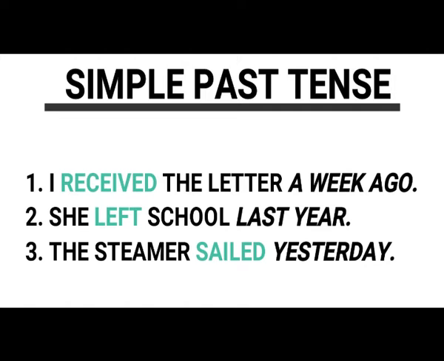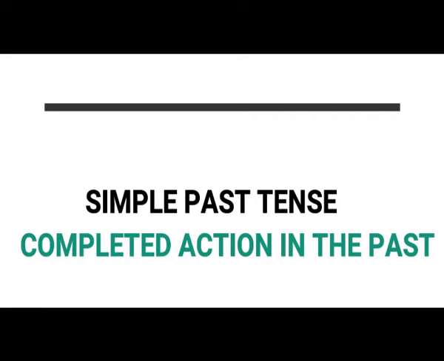An action that is already completed, but when? In the past, somewhere in the past. Thus, an action that is completed in the past is called a simple past tense. Look at the sentences again.